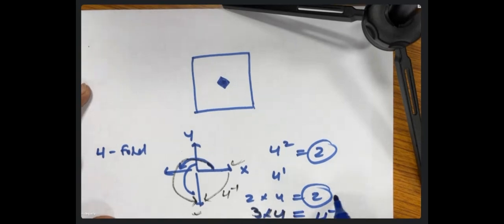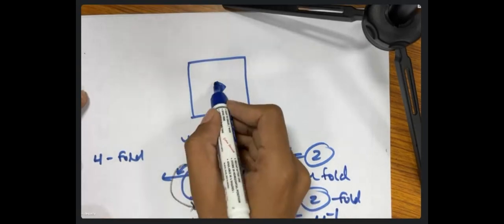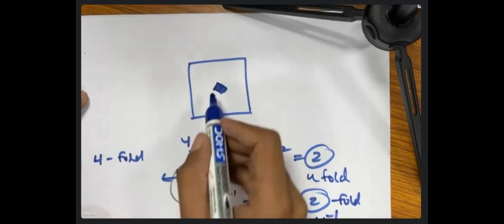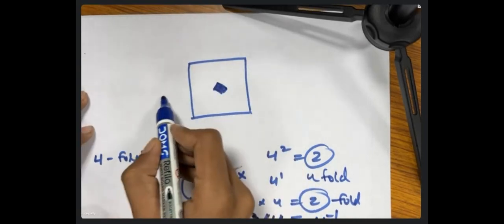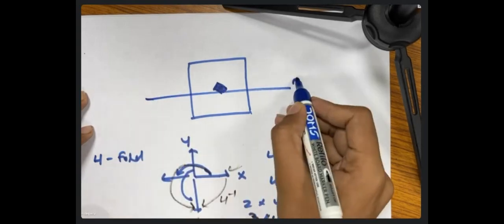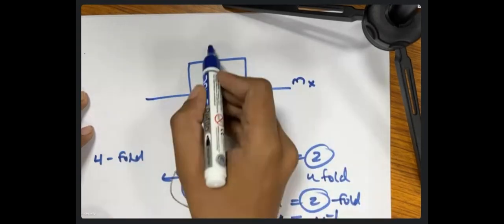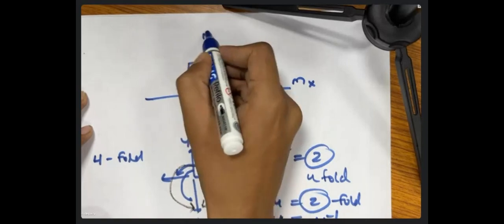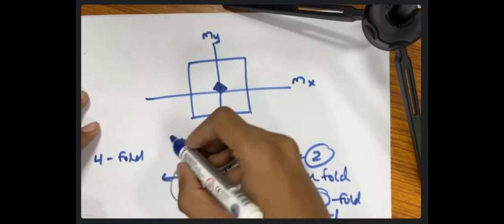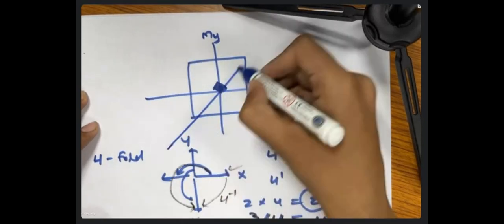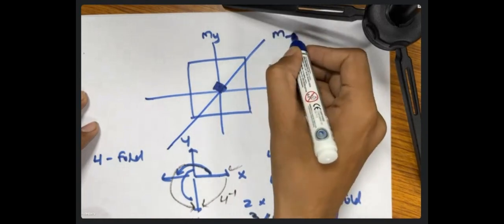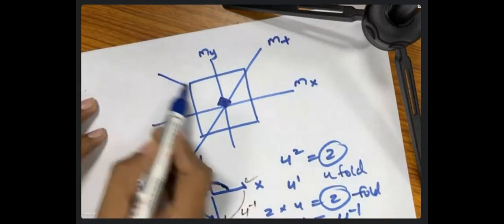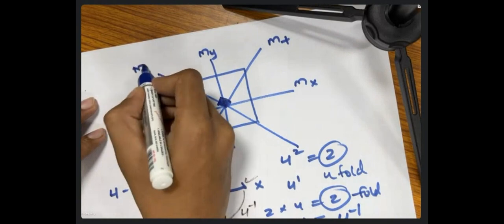This is a twofold and this is a fourfold. So we can mark that this is our fourfold for the time being, and this is a horizontal mirror mx, this is a vertical mirror my, and this is the m plus diagonal mirror, and this is another diagonal mirror which is m minus.